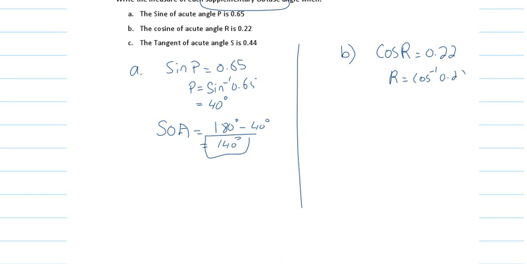Is that my answer? No, because I need to find the supplementary obtuse angle. So that's going to be 180 minus 77, which is 103.